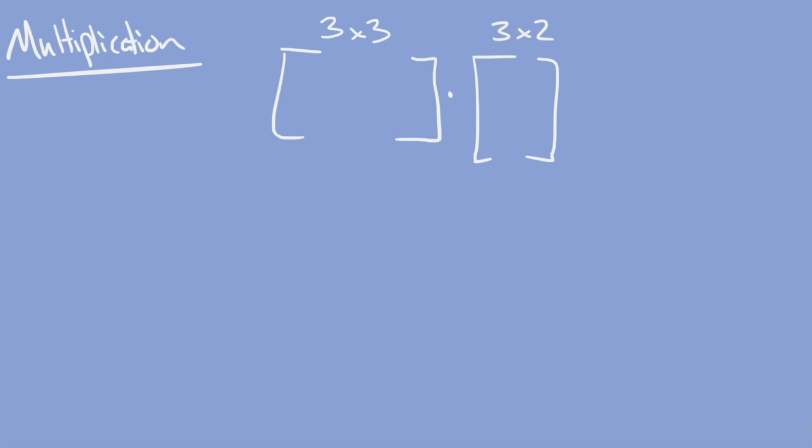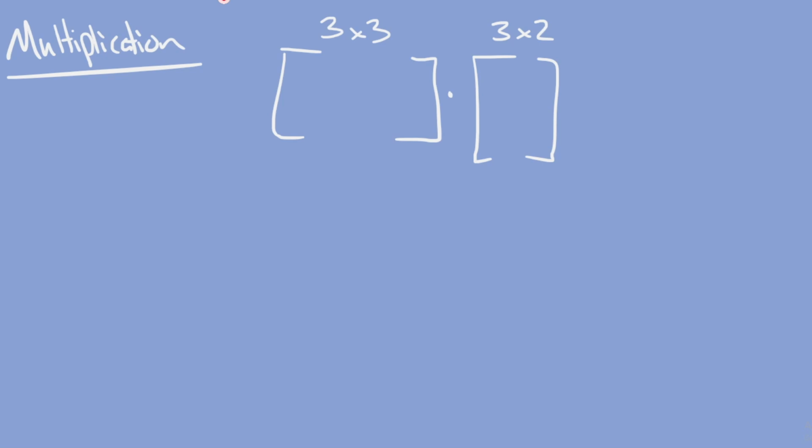The one thing that we're going to be looking for is that the columns are the same as the rows on the second matrix. So the first matrix has 3 columns, and the second matrix needs to have 3 rows. So as long as these two values are the same, you can go ahead and multiply these matrices.